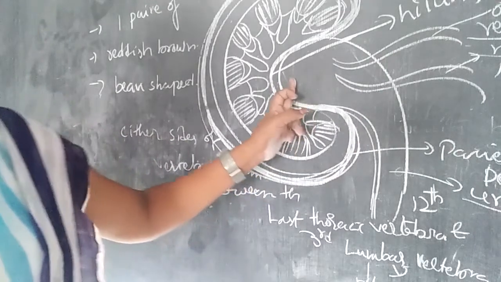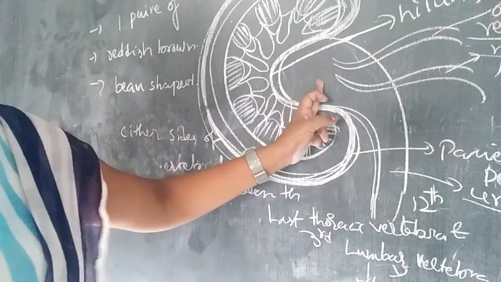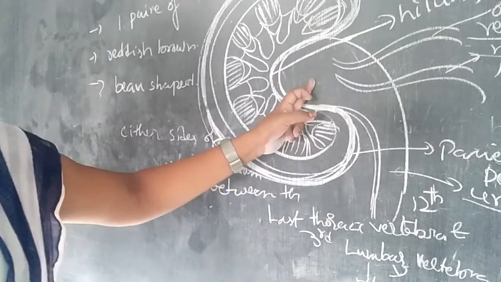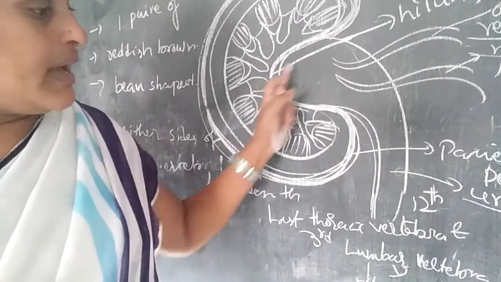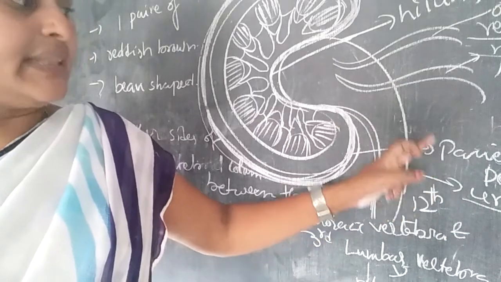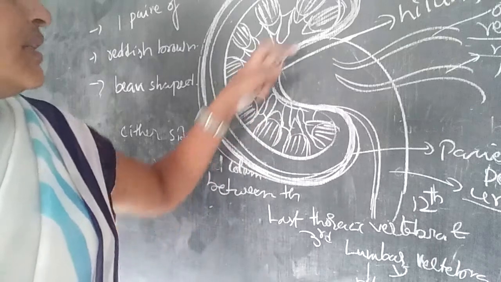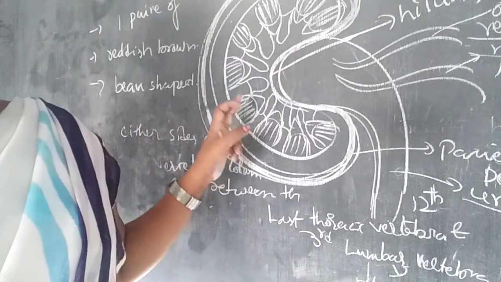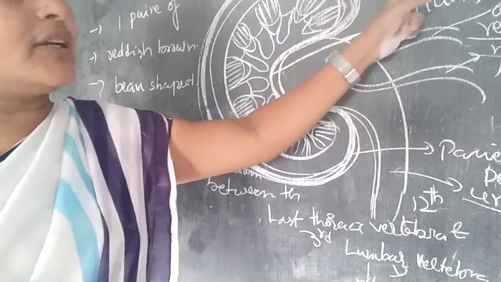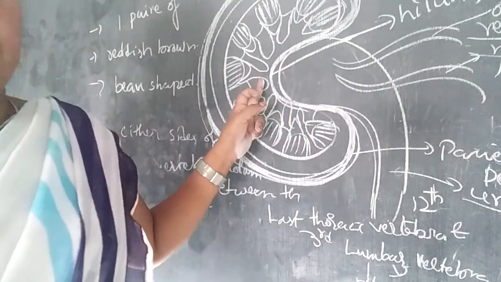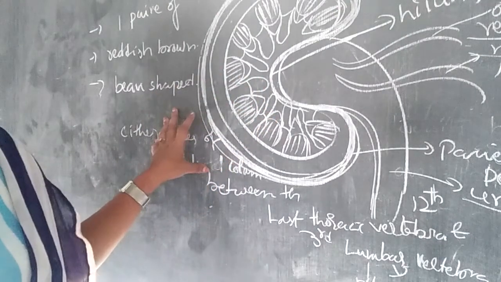The kidney is also called a retroperitoneal organ because its ventral surface is covered by parietal peritoneum. The outer surface is covered by a fibrous capsule, which protects the delicate organs of the kidney. These are the main external features of the kidney.